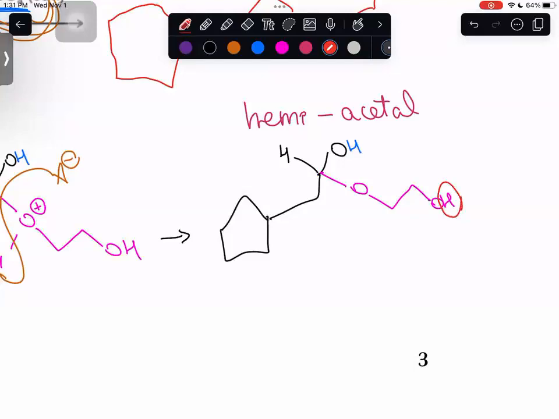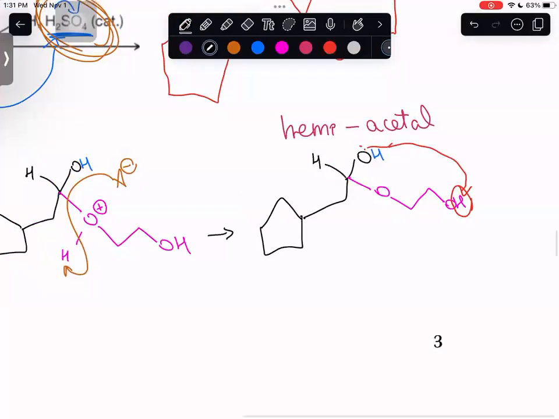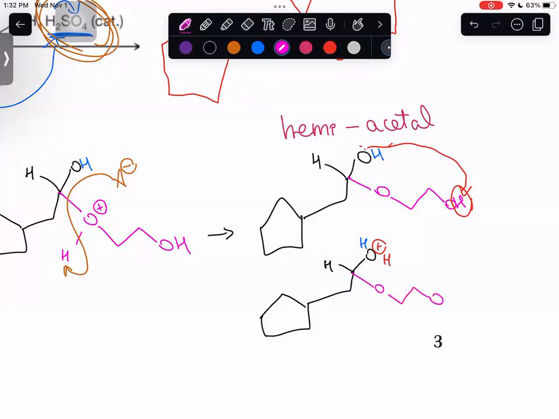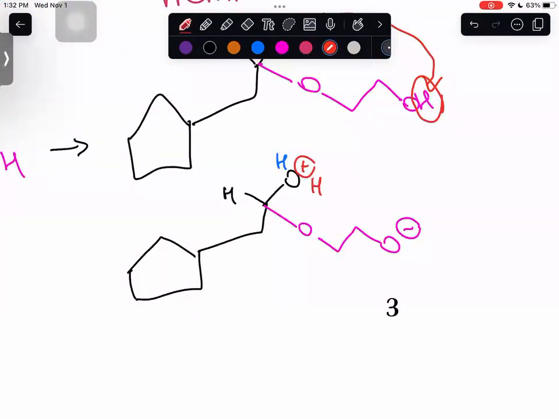So to make this better, we're going to be transferring over that hydrogen because the oxygen is going to attack the hydrogen and take it away. So now we're going to have this guy. Okay, now we have this guy.